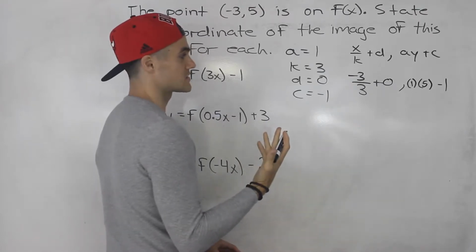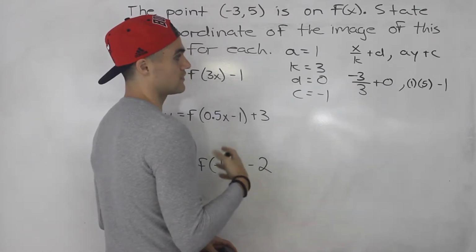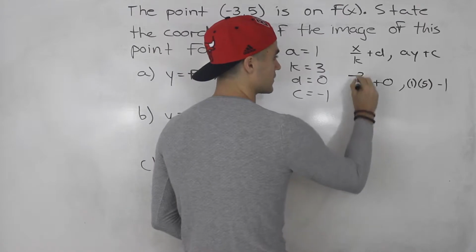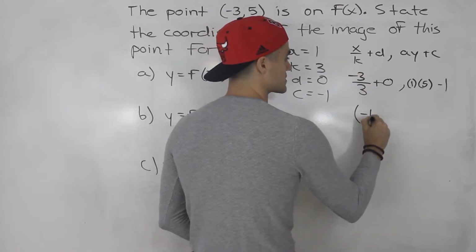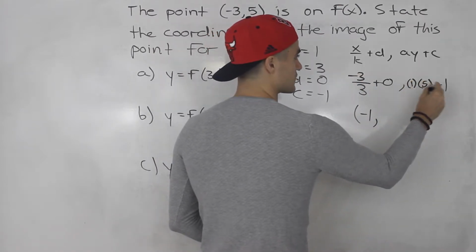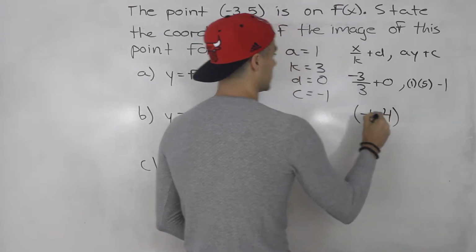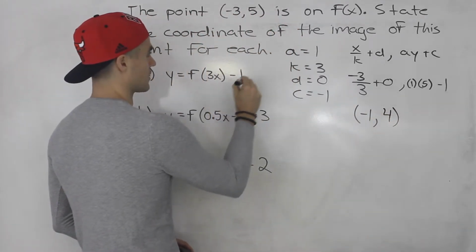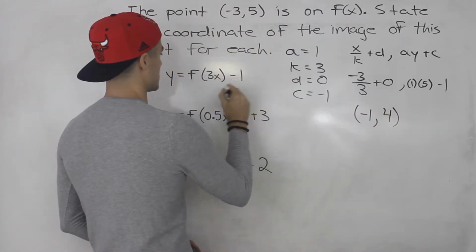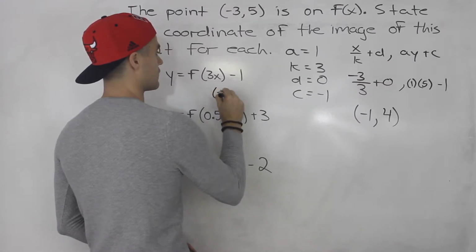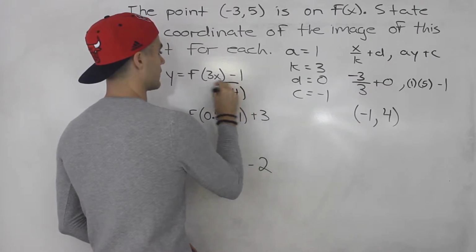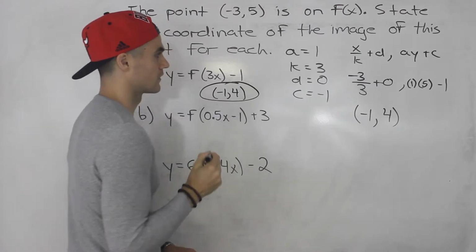And that would give us the coordinate of the image of the transformed point. So -3 divided by 3 plus 0 gives us -1. 1 times 5 minus 1 gives us 4. So the answer to part A is -1 and 4.